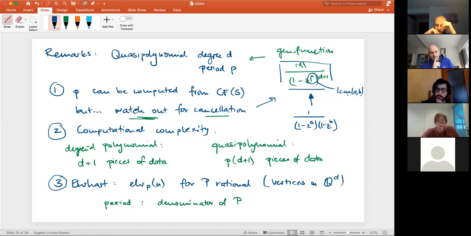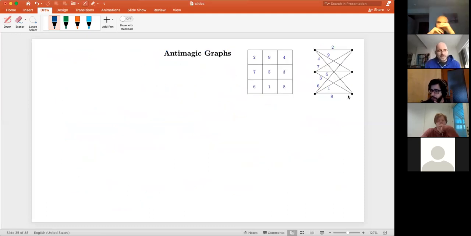Okay, and then the last problem is again something I wanted to spend some time on, like a longer remark, and it connects to the stuff from yesterday.